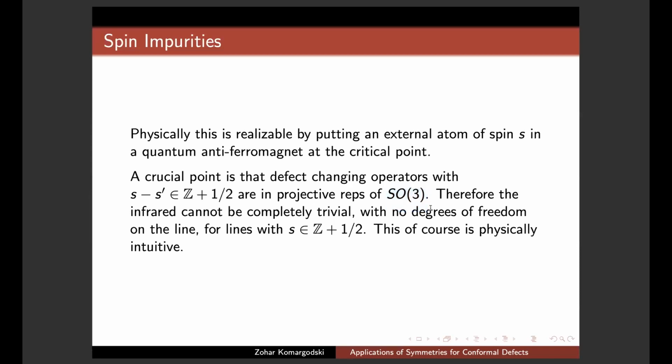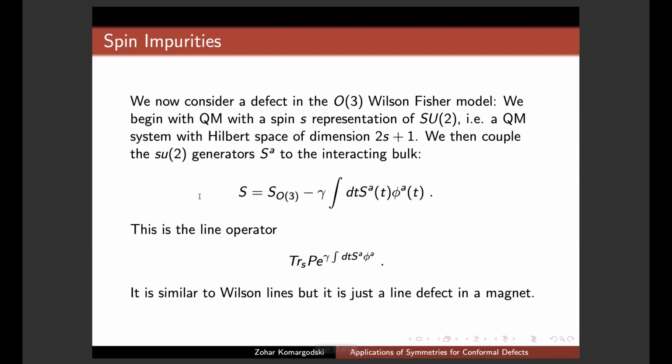Is that clear? Or should I explain it again? Or explain it in a different way? Well, one way to understand it intuitively is that in the O(3) Wilson-Fisher model, all the operators are in linear representations of SO(3). But now we couple some spin S representations via the adjoint.